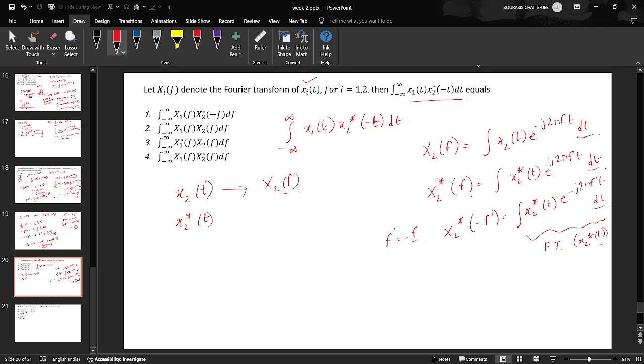It is F of x2 star(t) is X2 star of minus f. So the Fourier transform of x2 star(t) is X2 star(minus f). Okay.